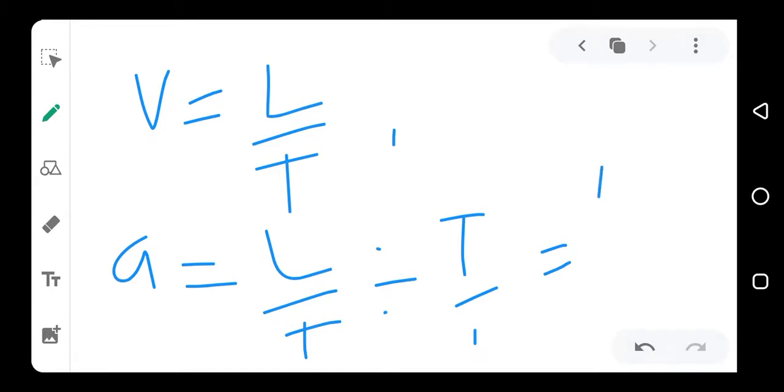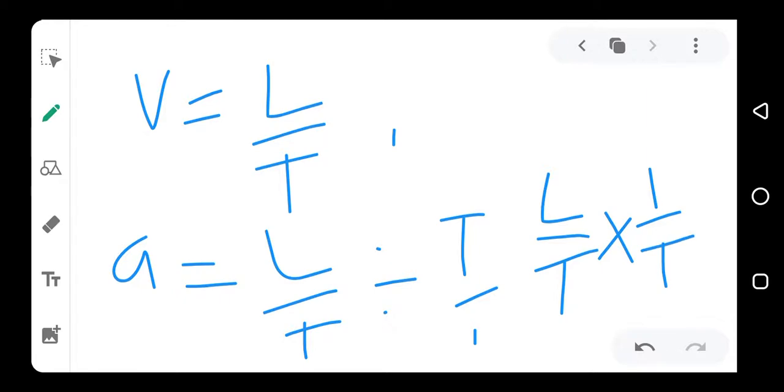If we want to change this division to multiplication, we invert, and so we have L over T multiplied by 1 over T. So acceleration is equal to L over T squared.